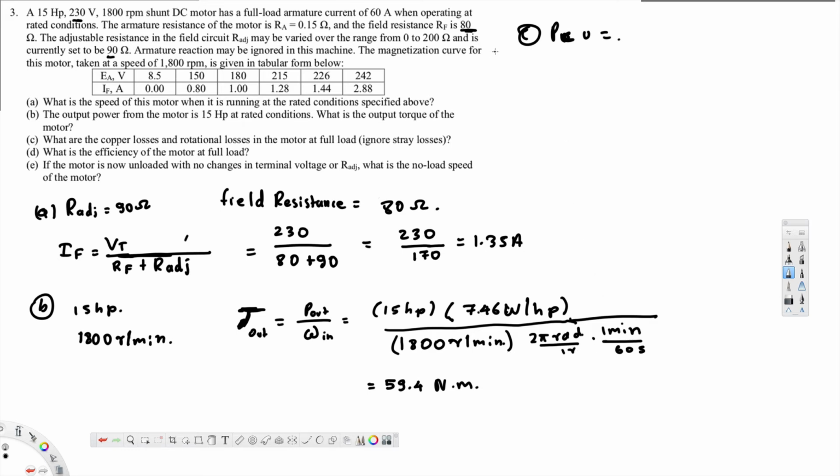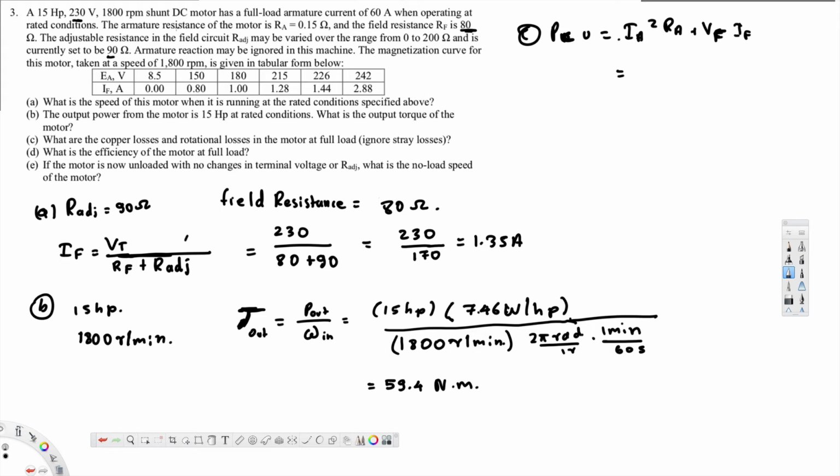Now let's go to C part. C part is asking what are the copper losses and rotational losses in the motor at full load. Let's calculate the copper losses. Copper losses is Ia squared Ra plus Vf times If.